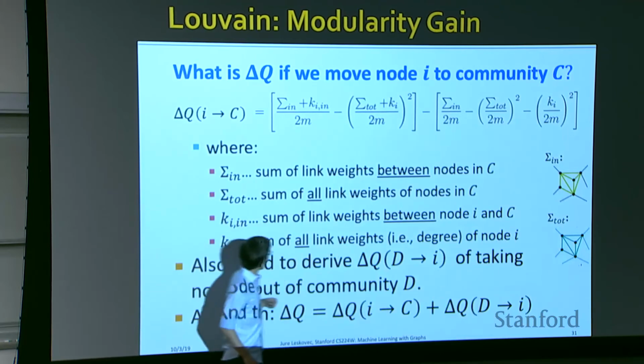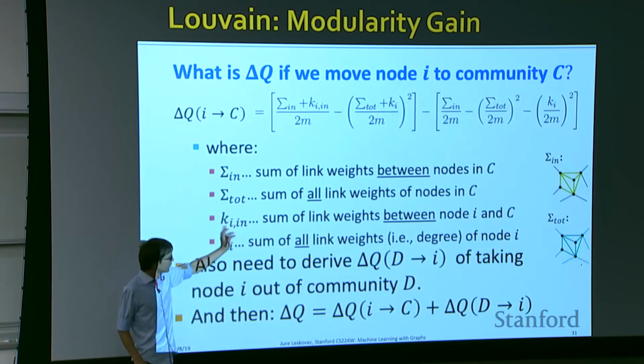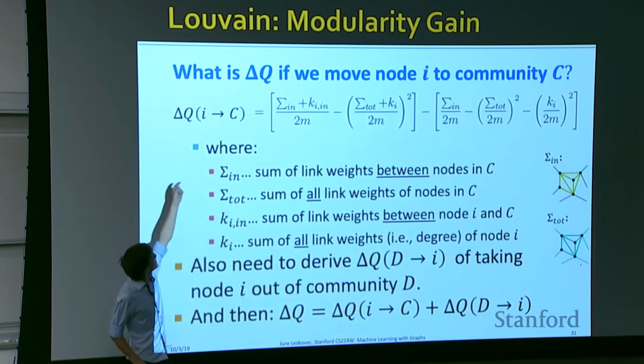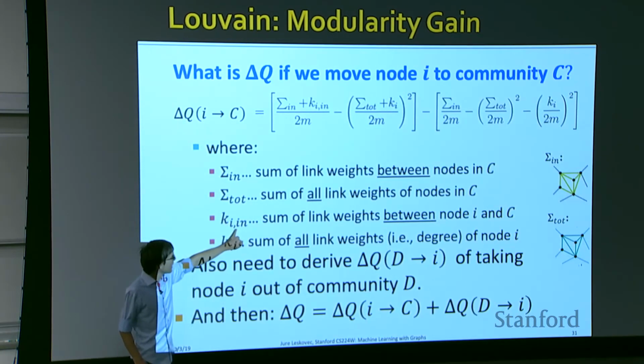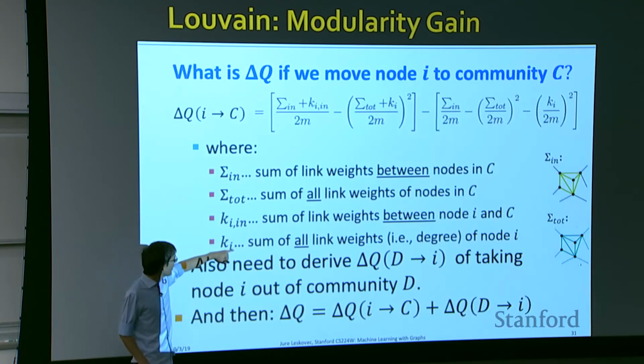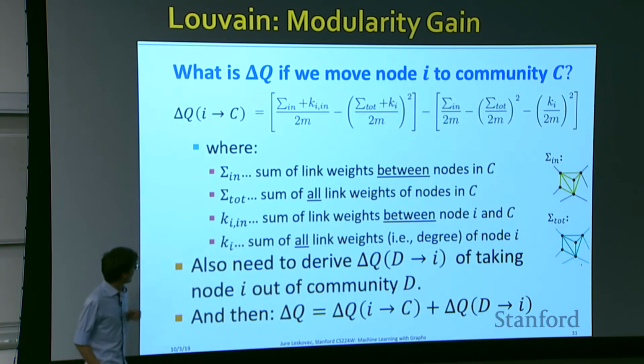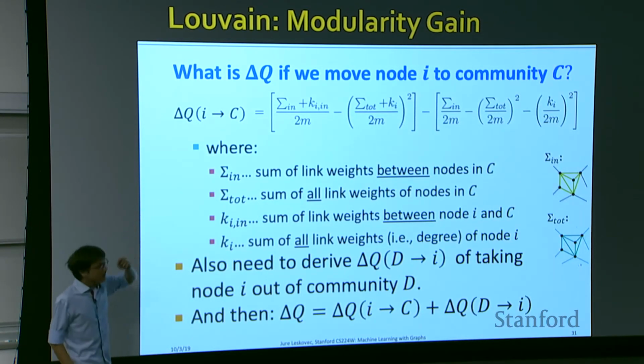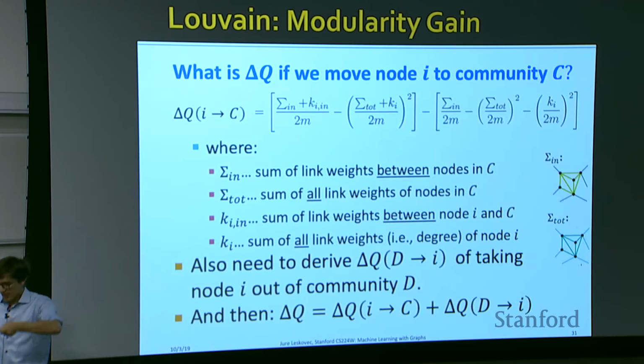And then for the node I that I'm interested in moving into C, I ask how many links are pointing into C, and how many links in total the node has. This is for asking how much modularity will change if I take I and move it into C.